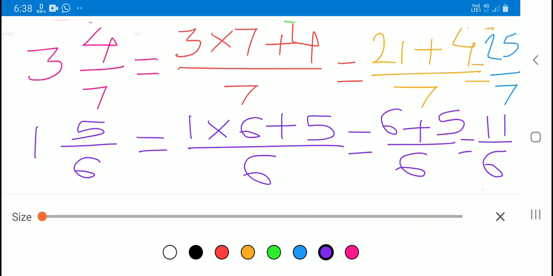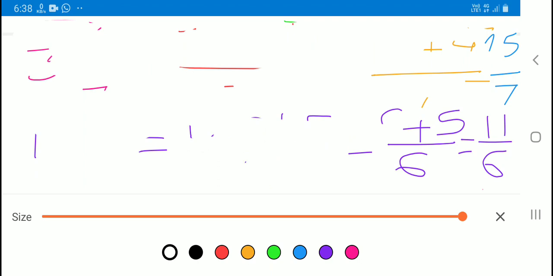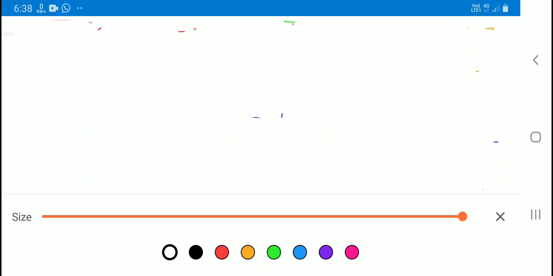One more example we will take here for your understanding. Okay. So the next fraction I will take here. Okay. We will see here 8 and 2 upon 5.